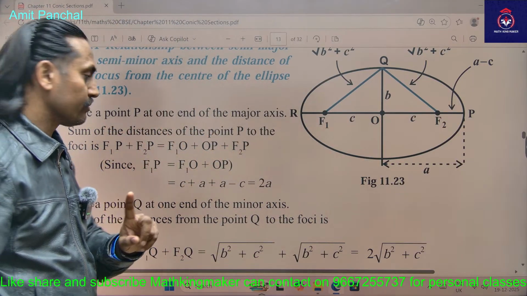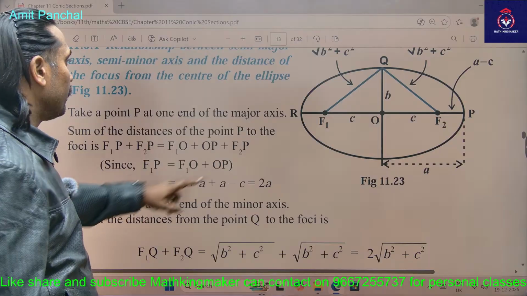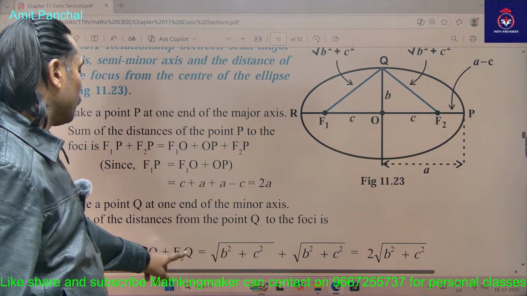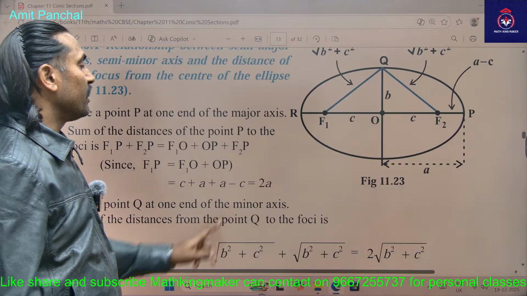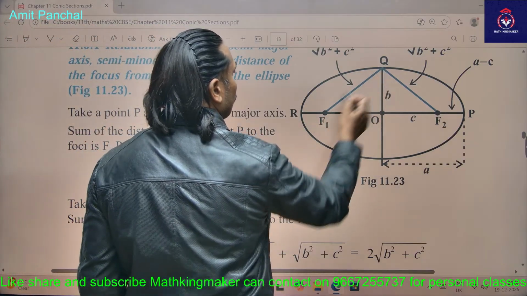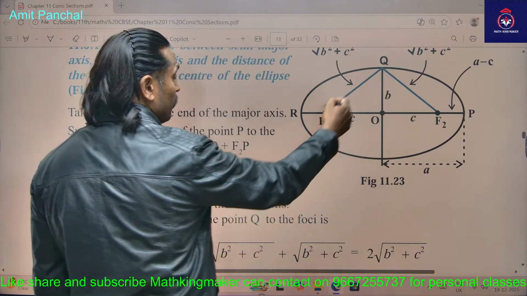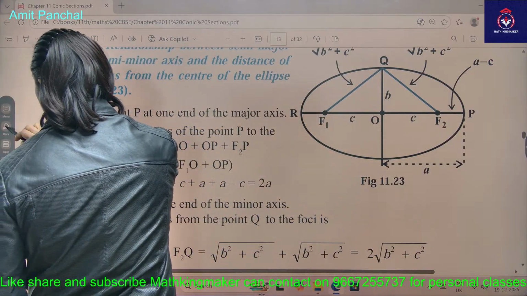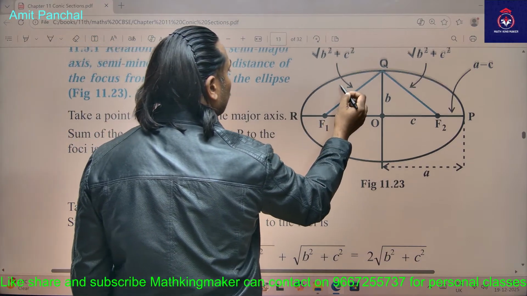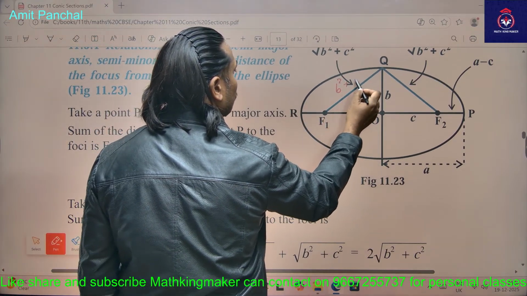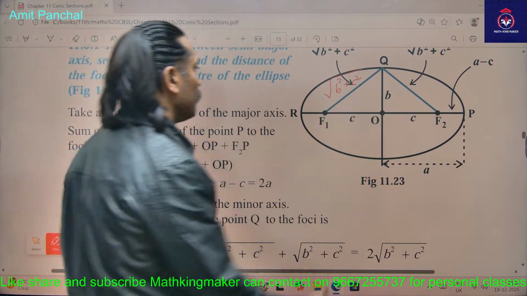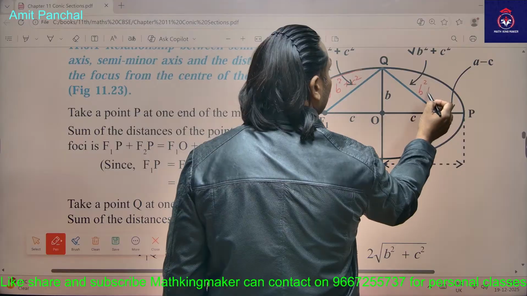So what we did: F1Q plus QF2. I can write this as the square root of b square plus c square, and this one will also be the same, the square root of b square plus c square.